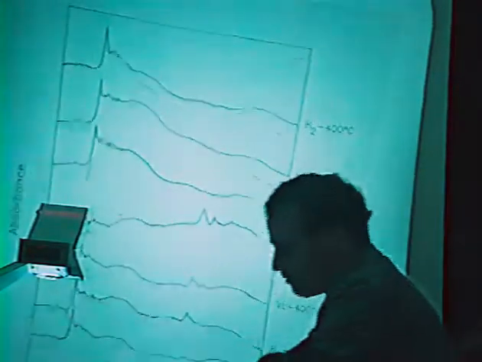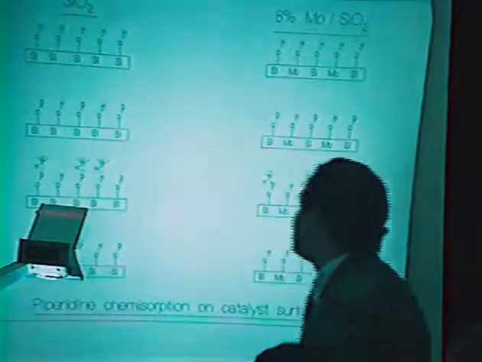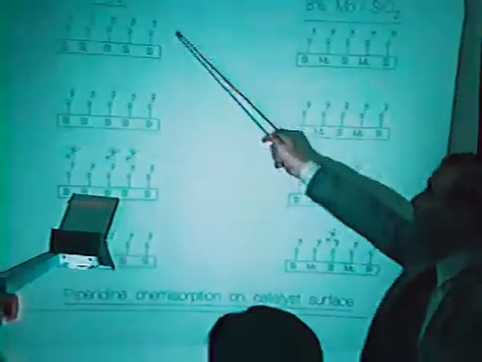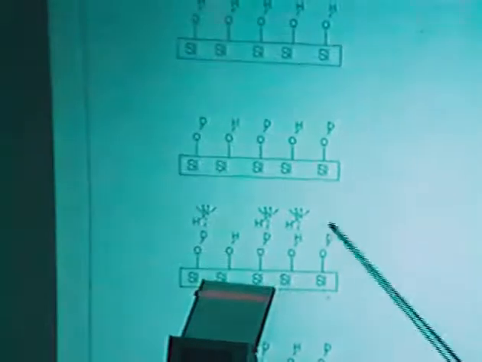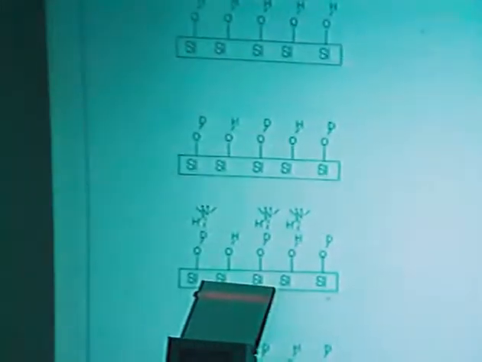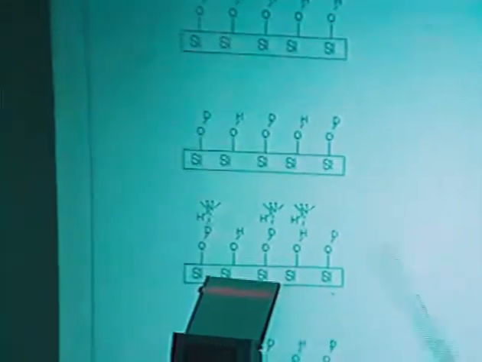Now, just to simplify what I have just said, this is a very simple model. When we have silica, we have the bare catalyst with the OH groups on the surface, and we exchange with D2. Some piperidine comes and interacts weakly, and then when we raise the temperature, there is no adsorption and no D2 has evolved.